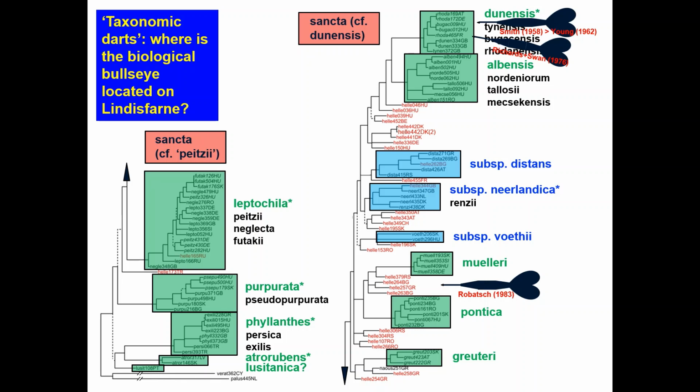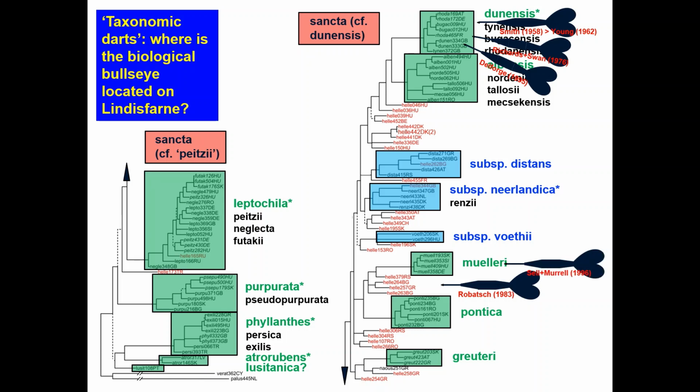But then continental Epipactis specialist Robatsch in 1983 declared that this population actually lay midway between two continental species, Epipactis pontica and Epipactis muelleri. Then along came Pierre Delforge, the author of those famous series of field guides for continental orchid species, who in 1995 said, oh no, it's helleborine.